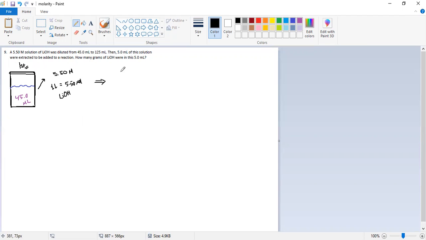So in the second scenario, we have the solution, but it seems as though we have more water, right? More liquid. And as opposed to being just 45.0 milliliters, it is now 125 milliliters.